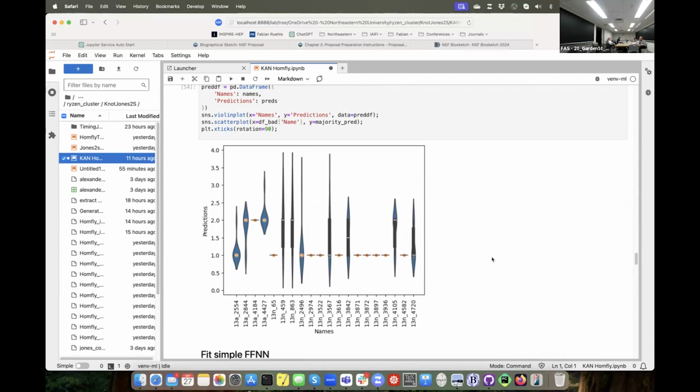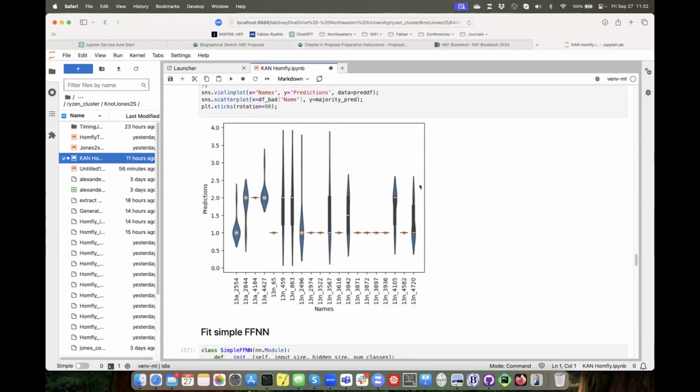I can quickly explain what this plot is. I used bagging, so I trained 10 models to predict genus. These are not in the data set for which the genus is known, but the lower and upper bound is known.